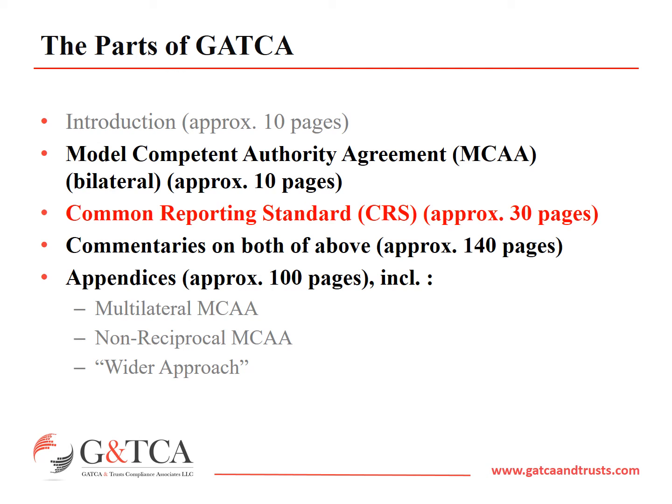Nevertheless, most people refer to the entire regime encompassed in the entire book as CRS. And throughout the rest of this presentation and the other training materials, we will interchangeably refer to the OECD's publication as both CRS and GATCA.